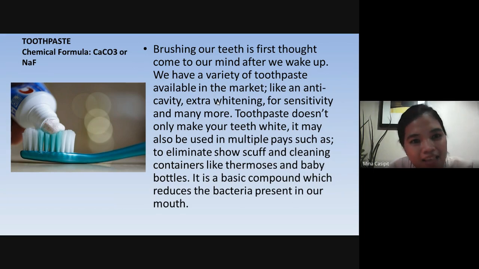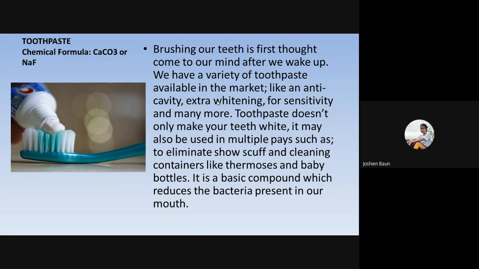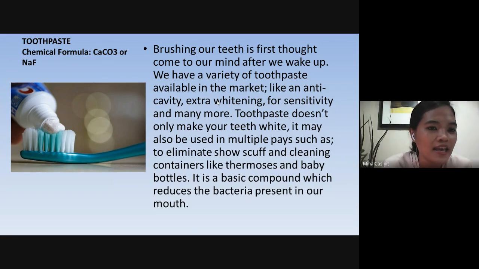NaF. Based on that chemical structure, malalaman natin kung ionic ba siya or covalent. Is it an ionic or covalent compound, class? Ionic po. Ionic, kasi yung Na is a metal and F is a non-metal.